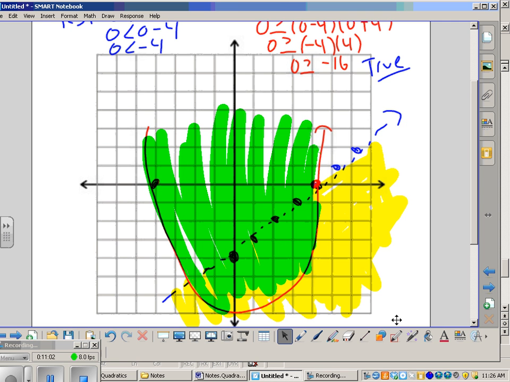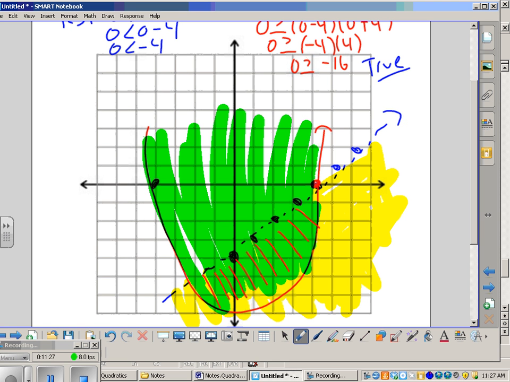So the actual answer for this is the part that has green and yellow. So it's going to be all this area in here, this little sliver. I have a dotted line for the line, and I have a solid line for the parabola, and it looks good.